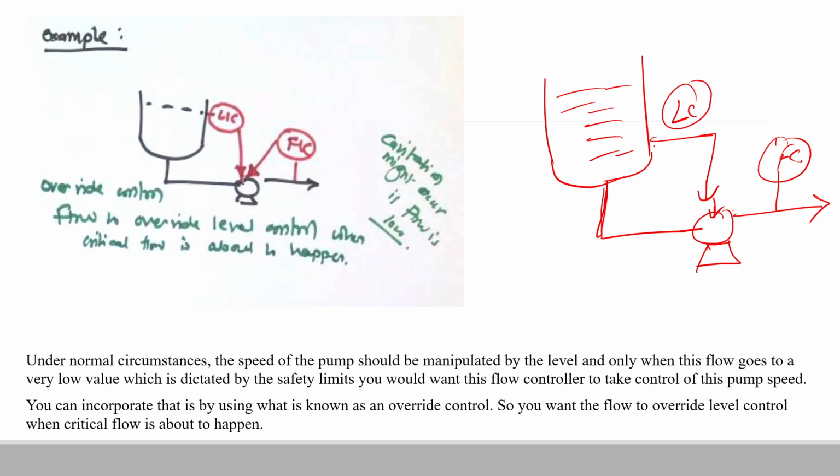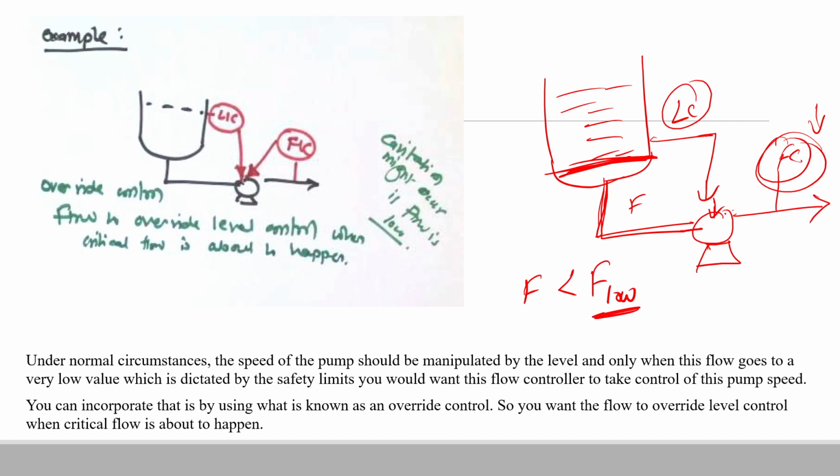So what might happen is, let's say the level decreases to some extent. Okay, so the level comes over here, so the flow through this pump will also decrease. So we are measuring this flow, and flow decreases beyond this critical value of flow rate.